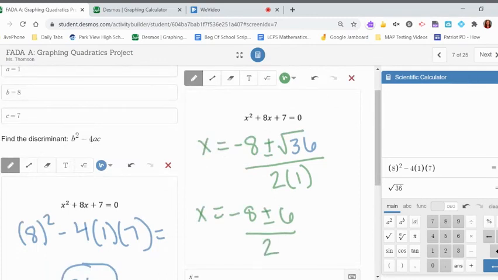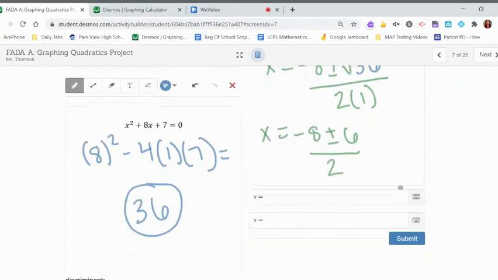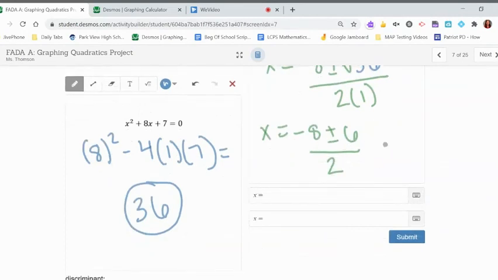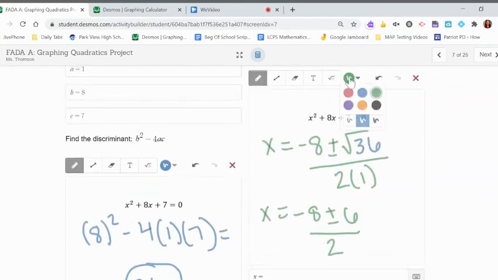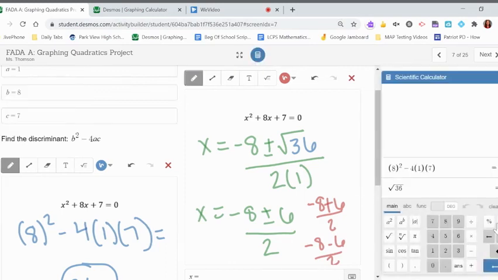Now, because we were able to simplify that perfect square, we have to do 2 versions of this. So we're going to have to do negative 8 plus 6 over 2 and negative 8 minus 6 over 2. Okay, so I'm going to come over to my calculator. I'm going to click division first because, again, you have that fraction. I'm going to type in negative 8 plus 6 divided by 2, and I get negative 1.